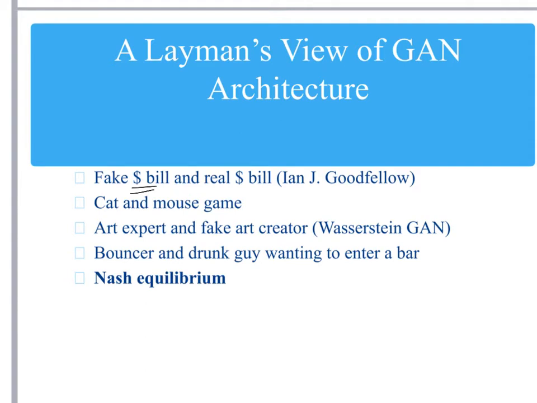Another example would be a cat and mouse game. One is trying to deceive the other. Another example would be an art expert and somebody who makes fake art. The person who makes fake art is trying to deceive the art expert. The art expert gives a rating or some sort of confidence level on whether it is a genuine piece of art or a fake one.